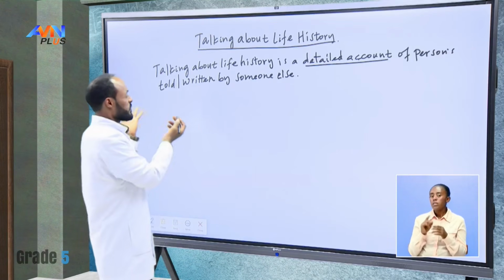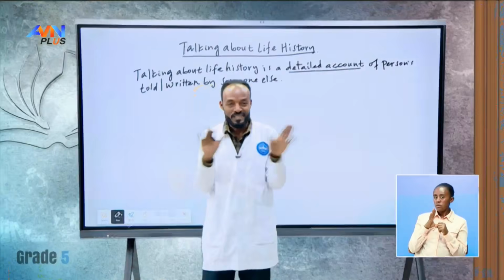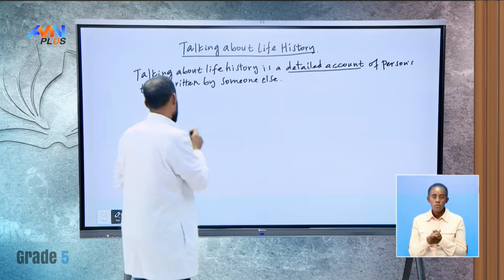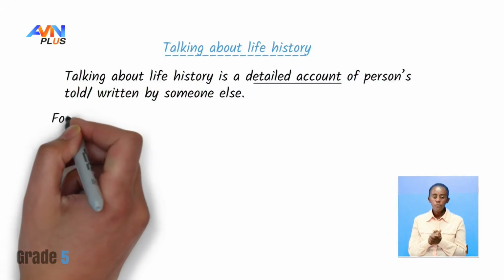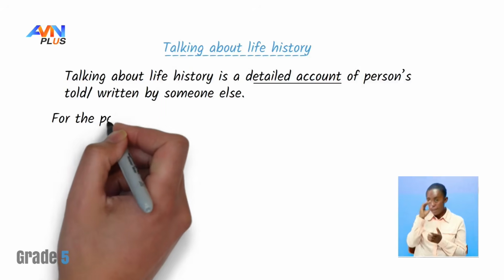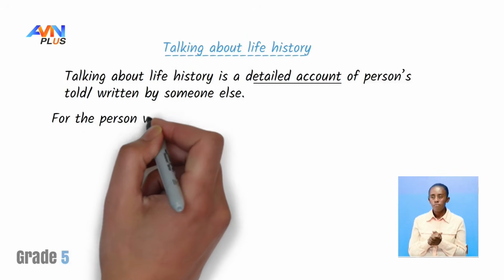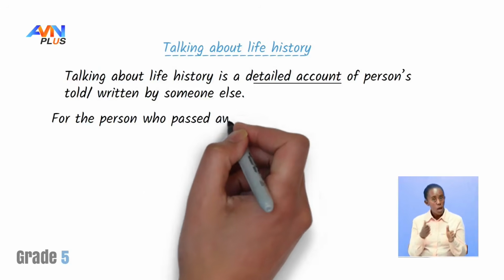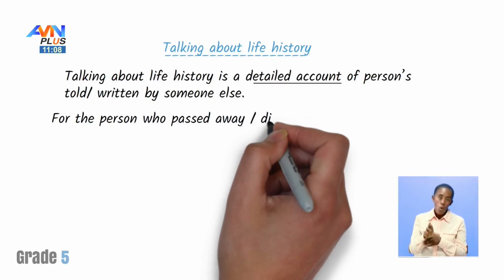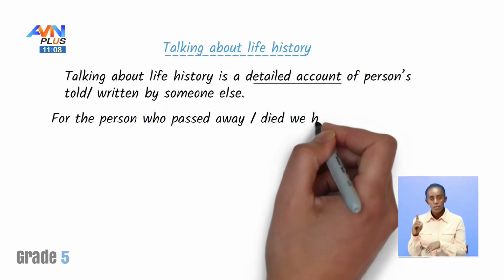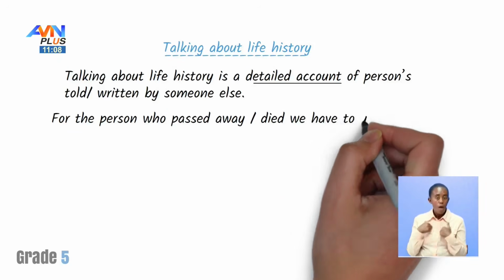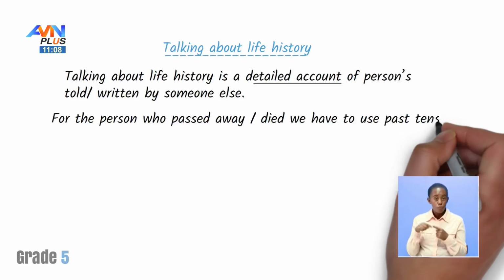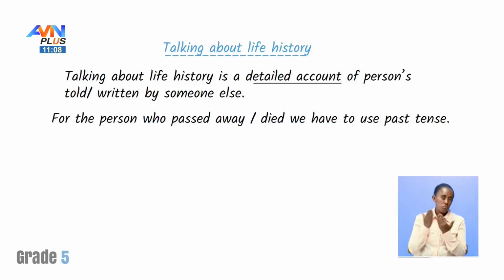Nice. So if we are talking about someone who passed away or who died, for the person who passed away or died in another way, we have to use past simple or past tense.